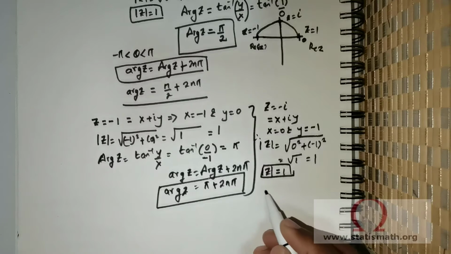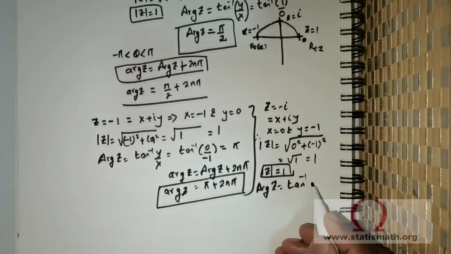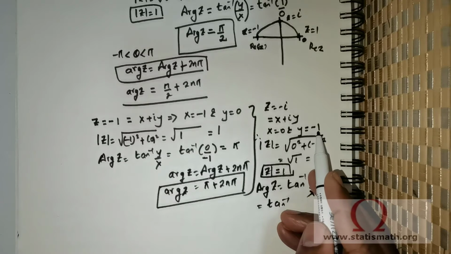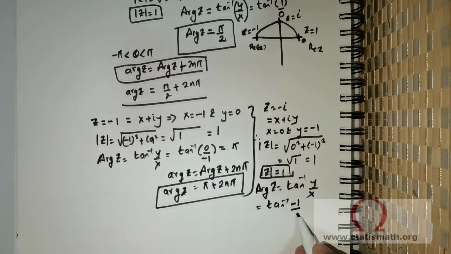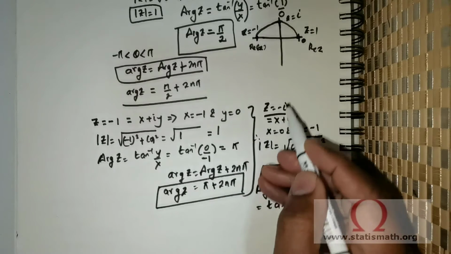Now what we have to do is find the argument of the complex number, which in this case is tan inverse of y divided by x, which is equal to tan inverse of the coefficient, or in other words, the quantity of y is -1, quantity of x is 0. So this is going to be tan inverse of -1 divided by 0. Of course, z is equal to -i.